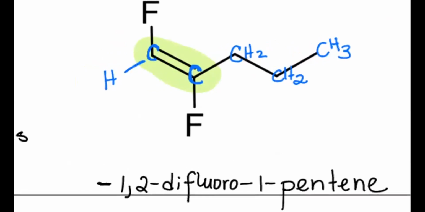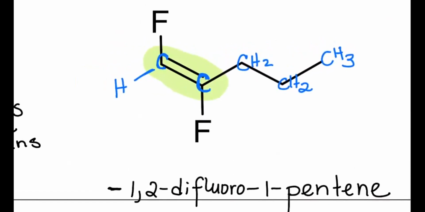So if I look at this carbon, I'm comparing fluorine to hydrogen. Who has the higher atomic number, fluorine or hydrogen? Excellent, fluorine. So that means that fluorine is going to get the label of high priority group. Hydrogen is going to get the label of low priority group. Let's look at the other atom.